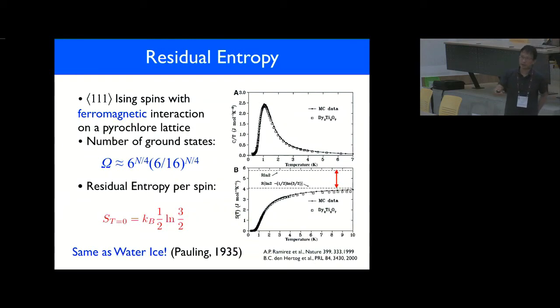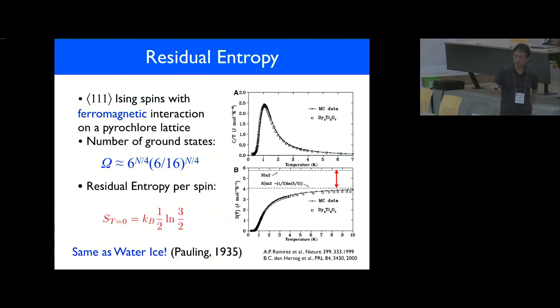If you integrate the area below the curve, you start from 0 and it goes to this number. At high temperature, your entropy should be R log 2, because you have 2 degrees of freedom. But you're missing this part of the entropy, and this missing part is this number. The squares are the experimental data, and these are the molecular simulation data.